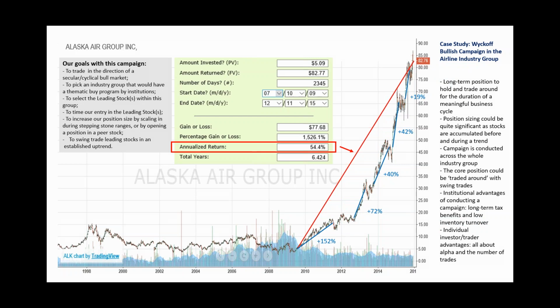From different time frames, whether you're a swing trader or you are an investor, you still want to trade in the direction of the secular or cyclical bull market. You want to pick an industry that would have a thematical buy program by institutions. And I'll talk a little bit more about this, and I'll show you on the heat map an example of a thematical buy program by institutions.